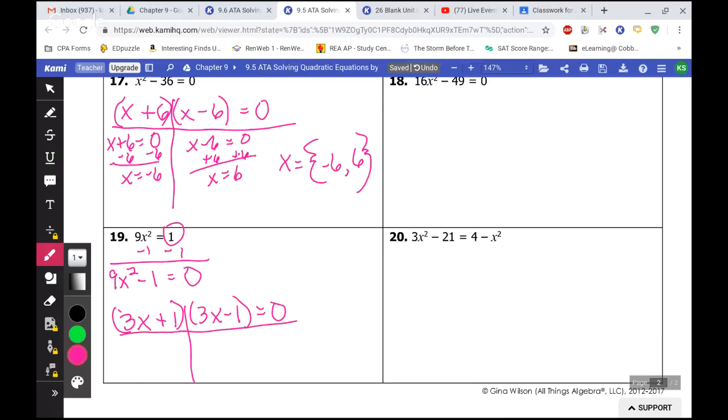And then we'll take each individual factor and set it equal to 0 and solve. This is a two-step equation.